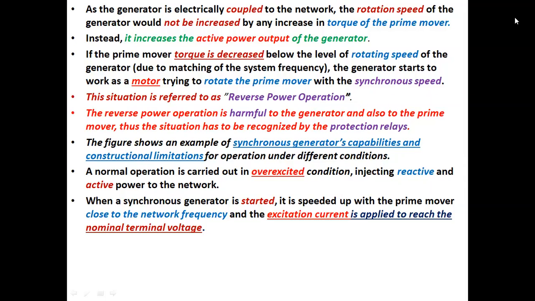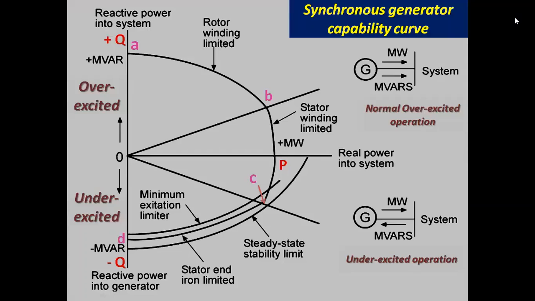When a synchronous generator is started, it is speeded up with the prime mover close to the network frequency, and the excitation current is applied to reach the nominal terminal voltage. It is the synchronous generator capability curve. One is under-excited operation, other is normal overexcited operation.